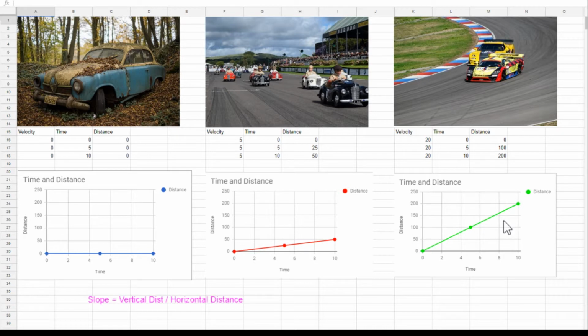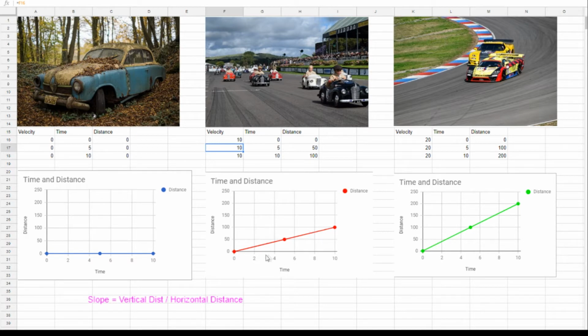For example, if I go back over to these toy cars and I change the velocity from 5 meters per second to 10 meters per second, now watch what happens to the slope down here. See, it goes up. And the reason it goes up is exactly what you would think.